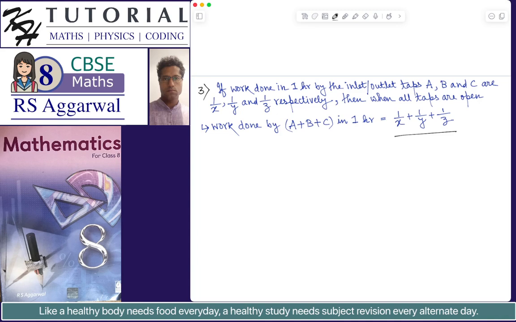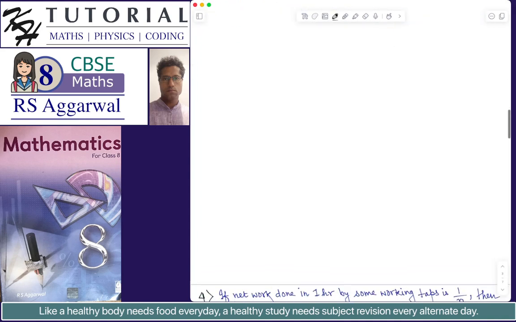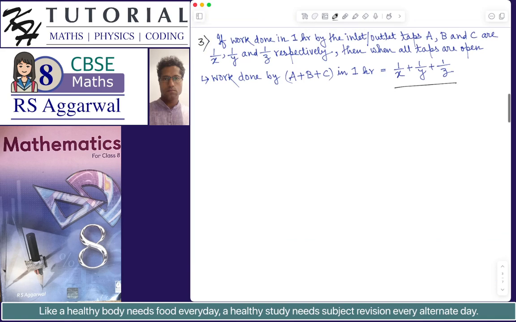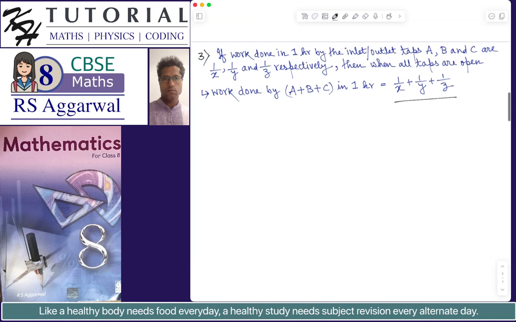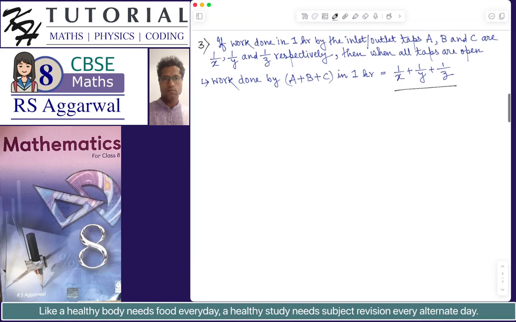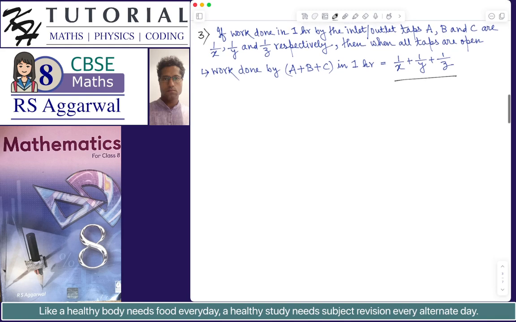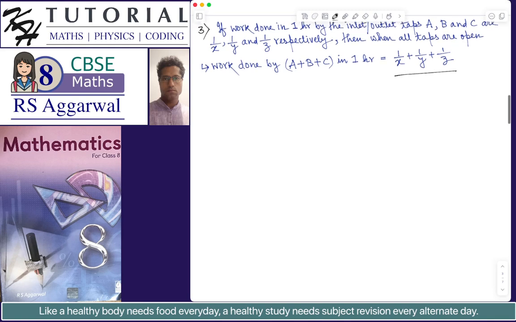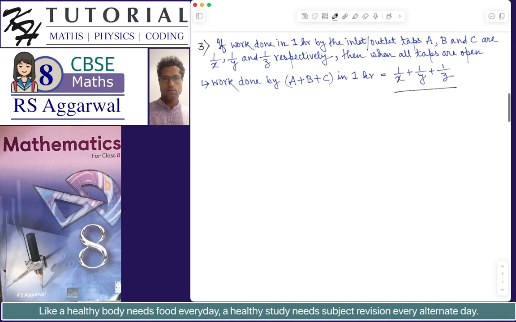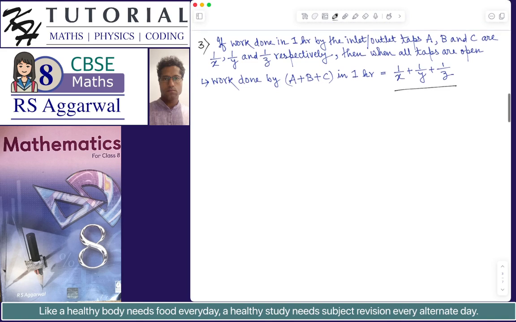Now I have left some space. I was thinking of explaining this result with an example, but I think it will unnecessarily make the video long. When I solve some examples, it will be clear. So I will skip explaining these results with an example because it will be redundant.